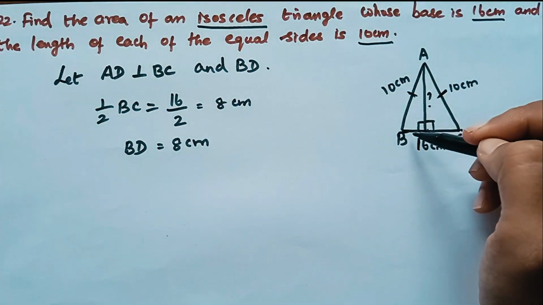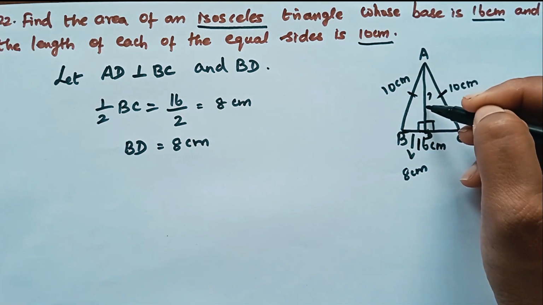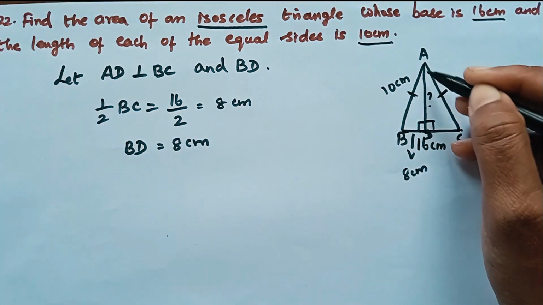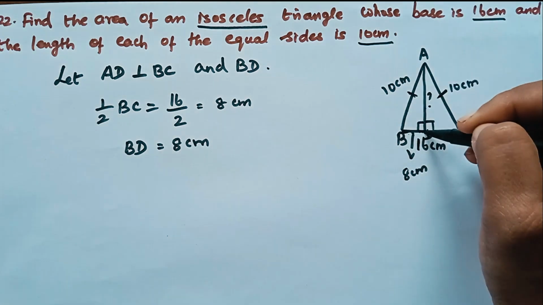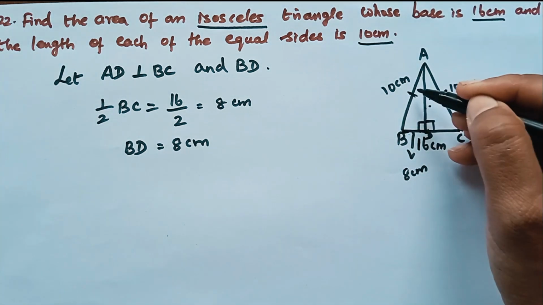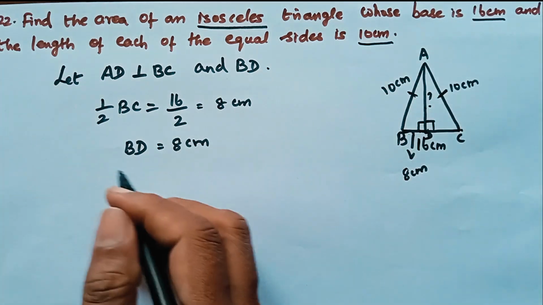So actually we need to find this AD. Then only we can find the area of the triangle. To find AD, we know BD, and AB also we know it is 10 centimeter. With the help of Pythagoras theorem, we can find AD.